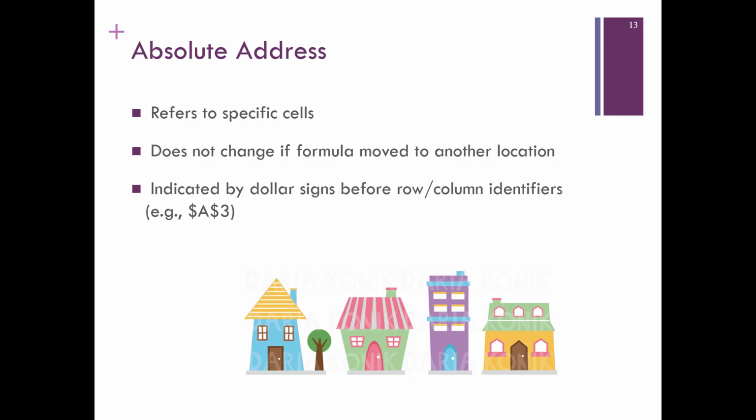And you can type in those $ if you like into the formula bar. Alternatively, to save you time, you can click on a particular cell that you want to create the absolute address for, and then hit F4 if you're working on a PC, or Command T if you're working on a Mac. And that should automatically add those $ for you and create an absolute address. So let's go back to Excel and see what that looks like and what it means.